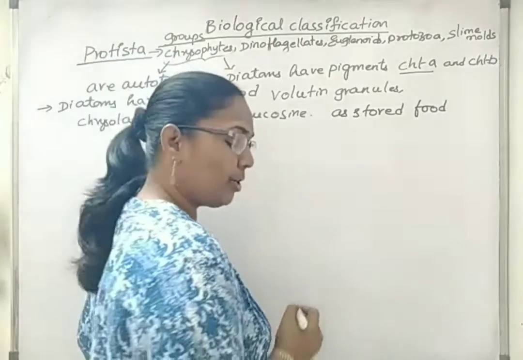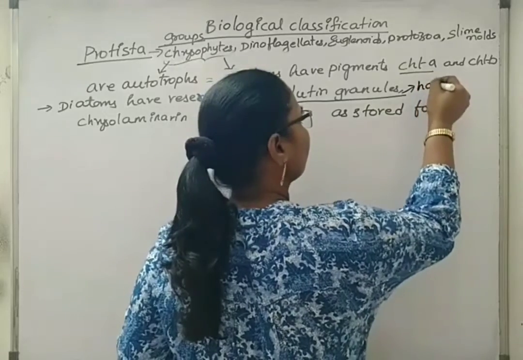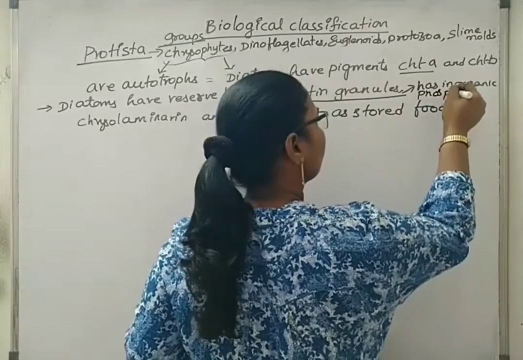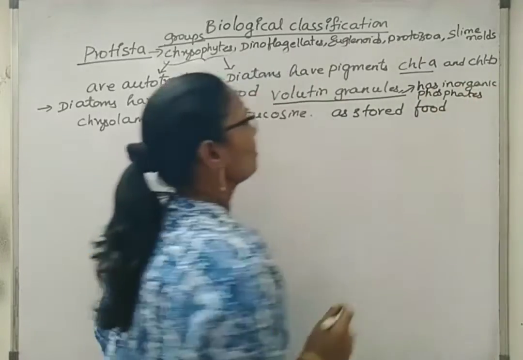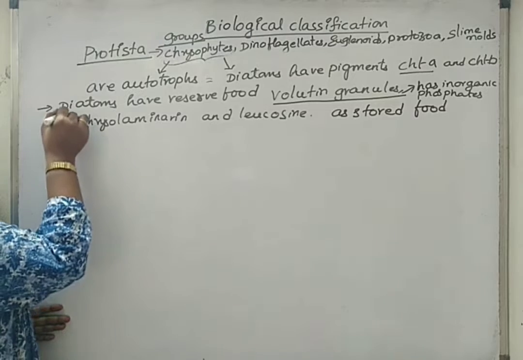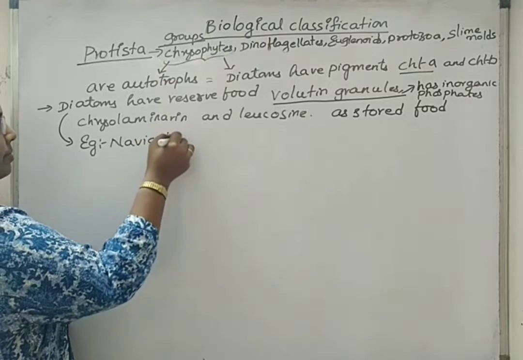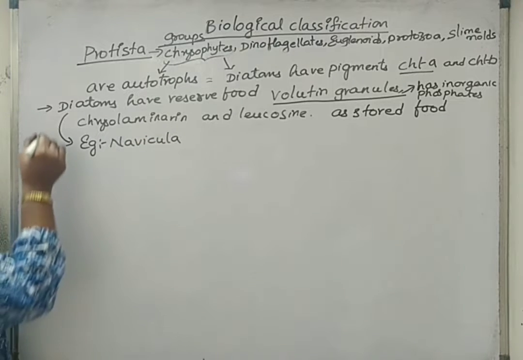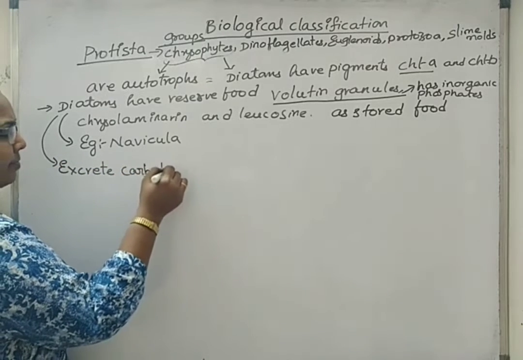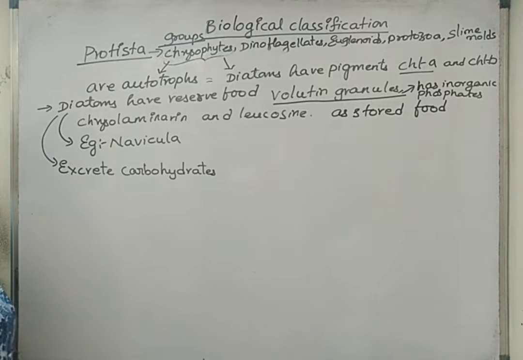Volutin granules have inorganic phosphates. One example for diatoms is Navicula. Navicula is one of the examples. Diatoms excrete carbohydrates, in large quantity.